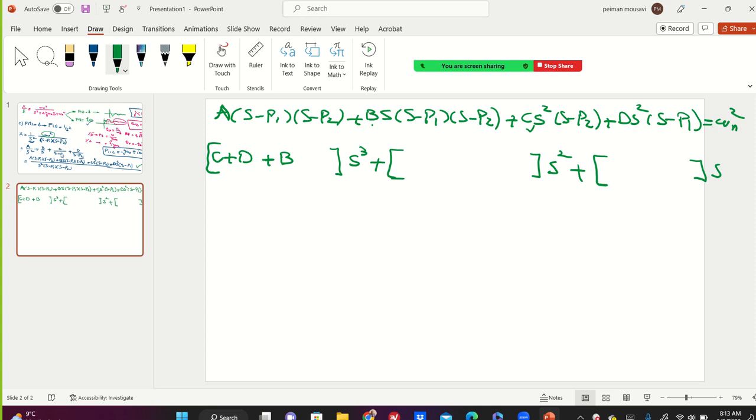Right now s squared: A minus B(p1 plus p2). If you do the operation here, you're going to get that. Okay, minus C p2 here, and minus D p1 from here.